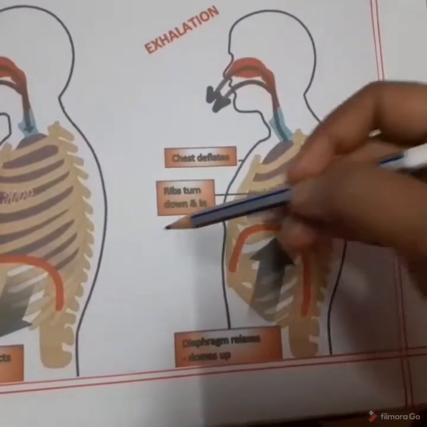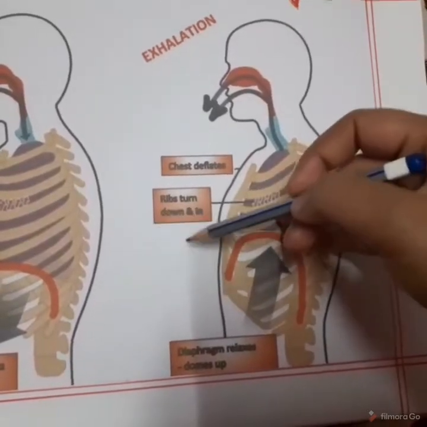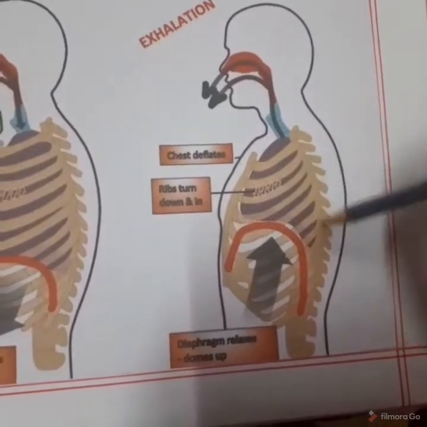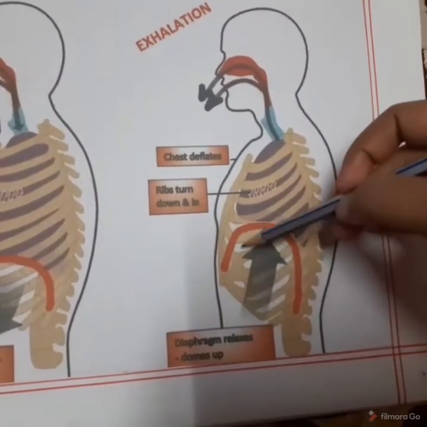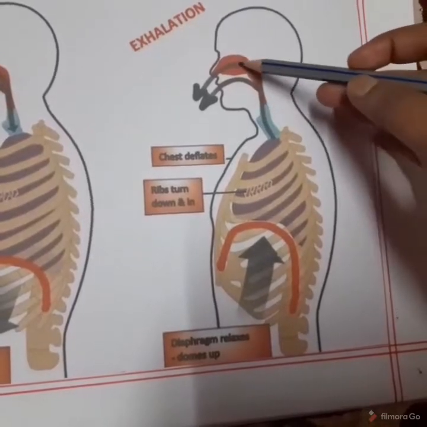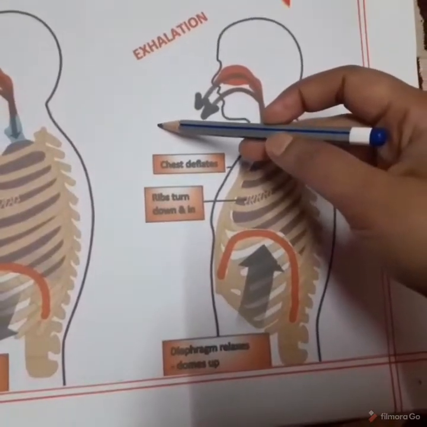If we compare, the external pressure is less than the internal body pressure. So in the same way, from the alveoli to the lungs, then to the bronchi, then to the trachea, and then back out through the nostrils, the air moves out.